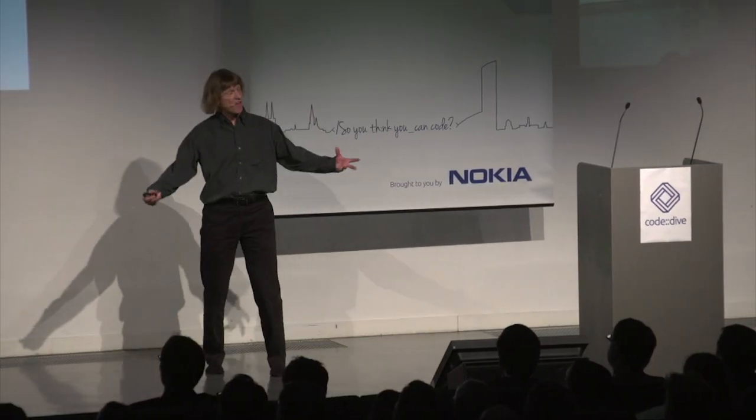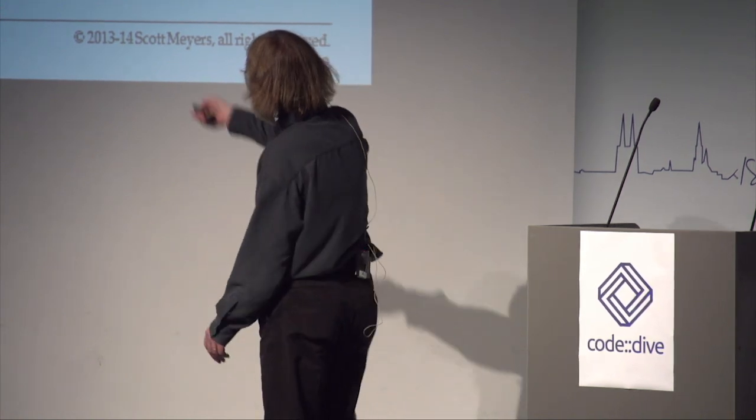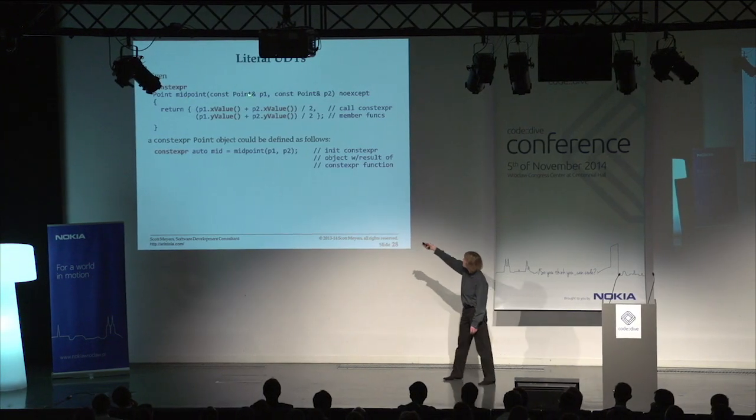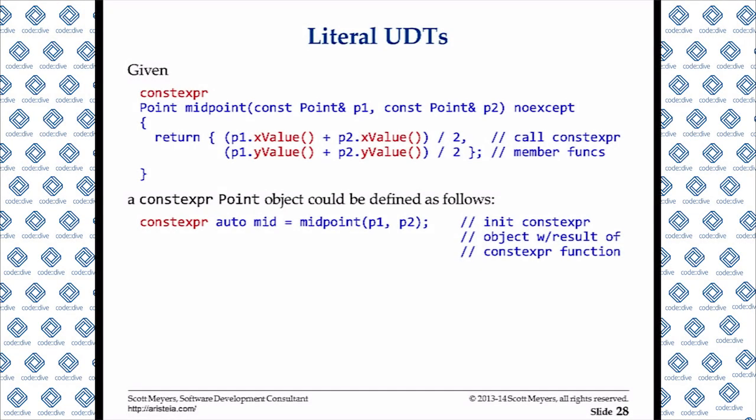Which means, now that I've got constexpr objects of user-defined types, I can write constexpr functions that take them. So I can write a function called midpoint that takes a reference to a const Point and a reference to a const Point. Yes, you can have references in the interfaces to constexpr functions.